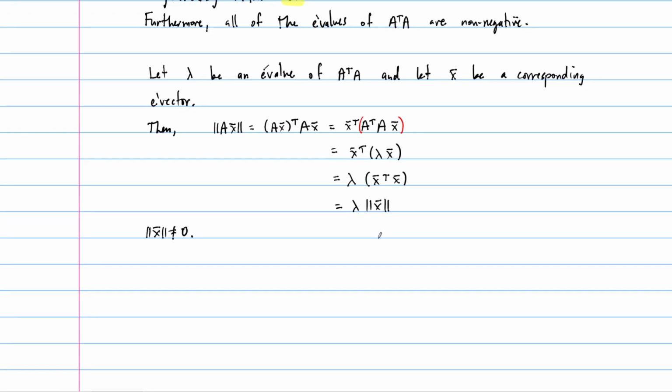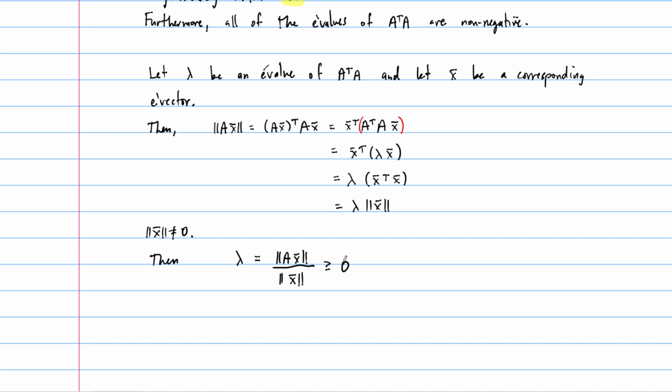And so what we find then is that lambda is equal to the norm of A times X squared divided by the norm of X squared. All right? And this has to be, well, this is non-negative and this is positive, right? So this has to be greater than or equal to 0.